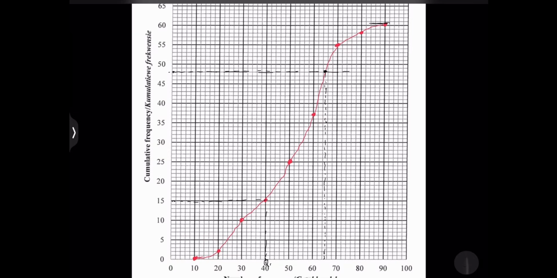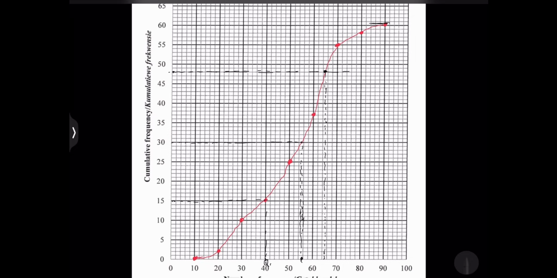If you say 50%, remember 50% of 60, in this case that would be 30. So you go there, and it means your quartile 2, just roundabout there.